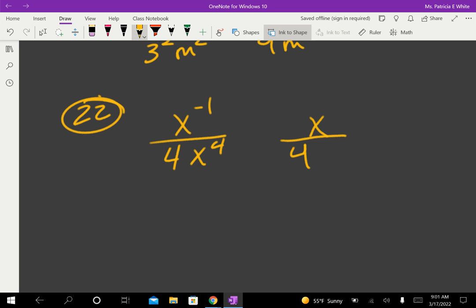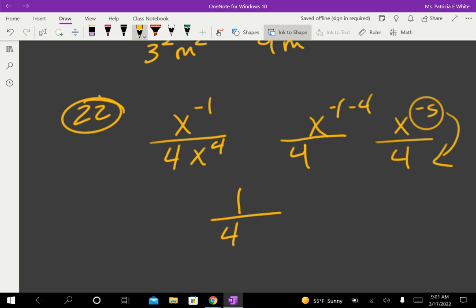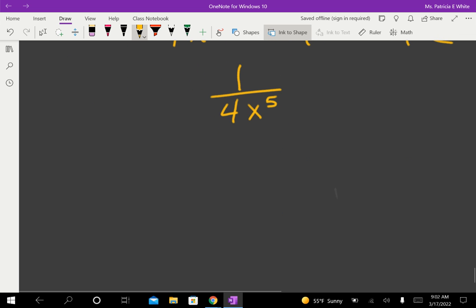Then I have x to the negative 1 minus 4, gives me x to the negative 5 over 4. Now that's negative, so I got to move it down. So if I flip that, what's left up there? Again, just a 1. 1 over 4x to the 5th power. Okay?